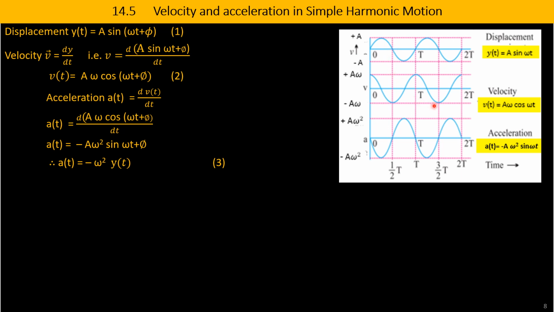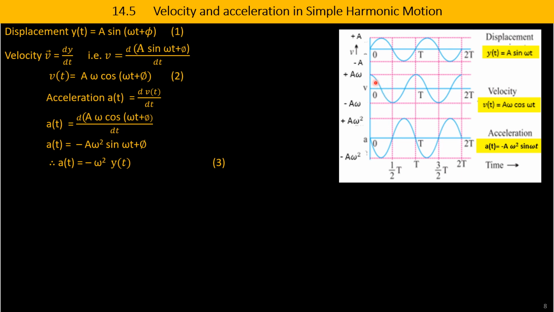Similarly, plotting the velocity, with time on the x-axis represented by 0, capital T, 2T and other time periods. We have derived the equation for velocity as v of t is equal to A omega cos omega t. Therefore, plotting we get the graph. Because sine has changed to cos, there will be a phase difference of 90 degrees, pi by 2.